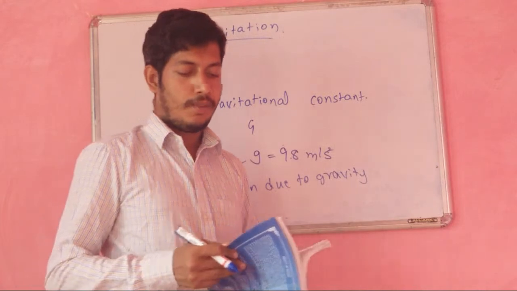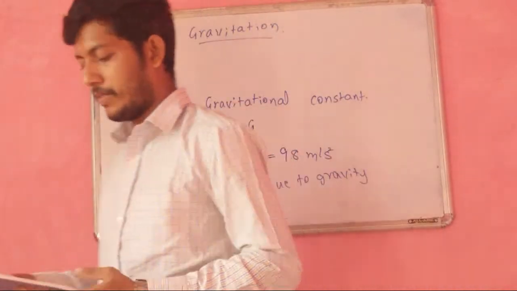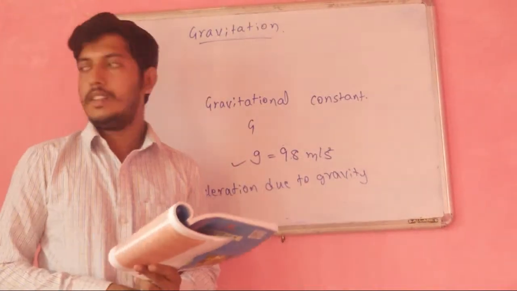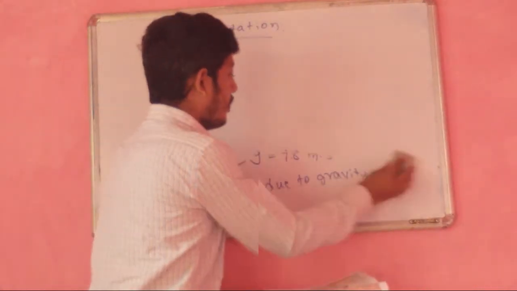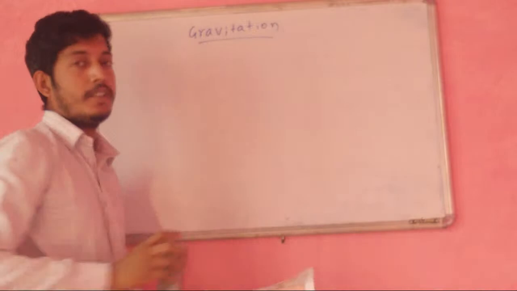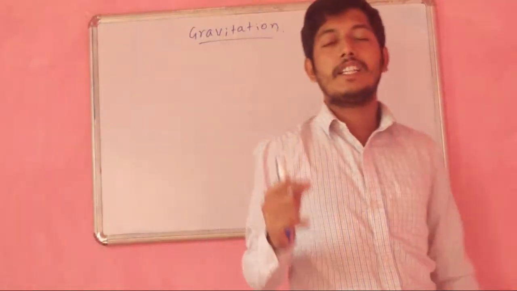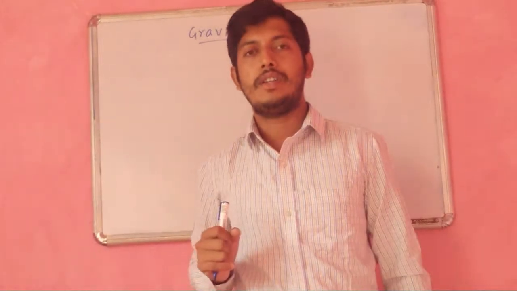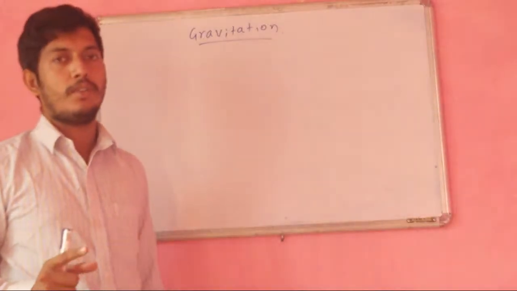Here the gravitation means it is the force of attraction by the earth towards any object. In this, we will learn one of the very important concepts, that is universal law of gravitation. What is meant by universal law of gravitation, what is the expression for universal law of gravitation, and what are the SI units which come under the expression, we are going to learn here.